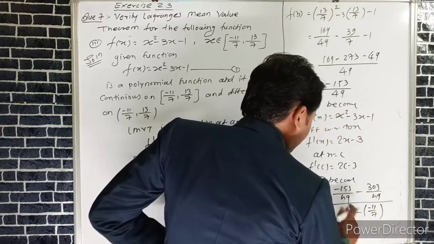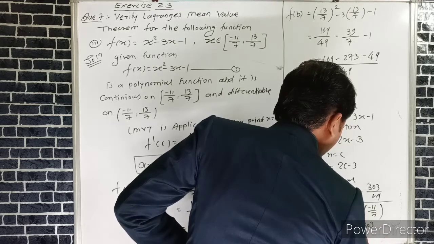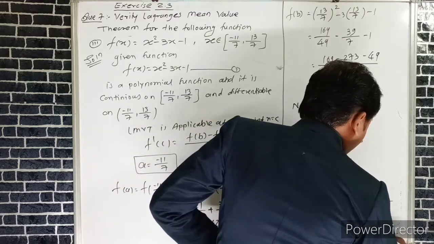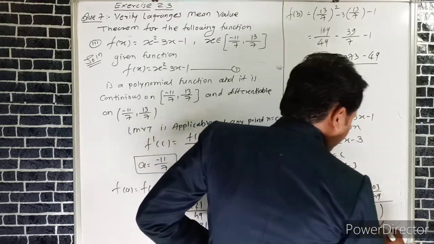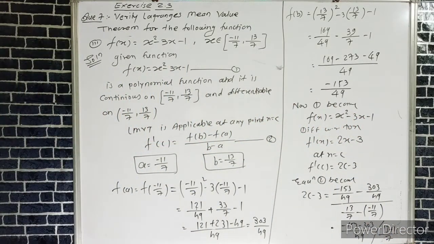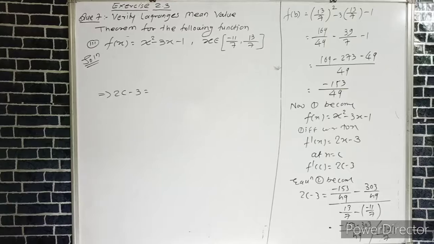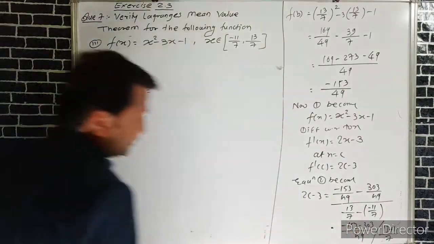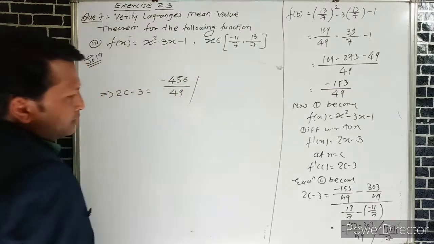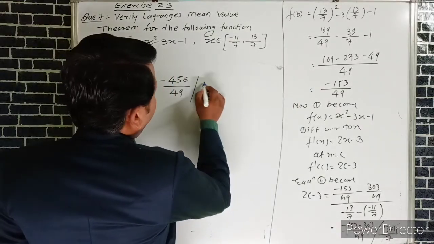So we can write the numerator as minus 153 minus 303 upon 49, upon, with a denominator of 7 in common, 13 plus 11. So here we have to find the value of c: minus 153 minus 303, which is minus 456 upon 49 as it is, divided by 13 plus 11, which is 24 upon 7.